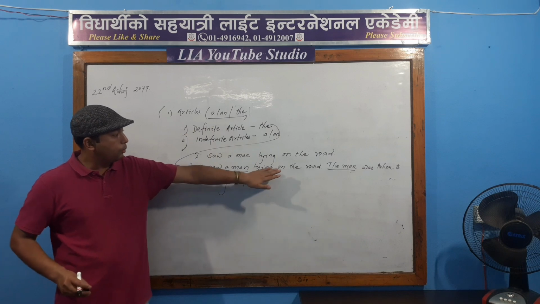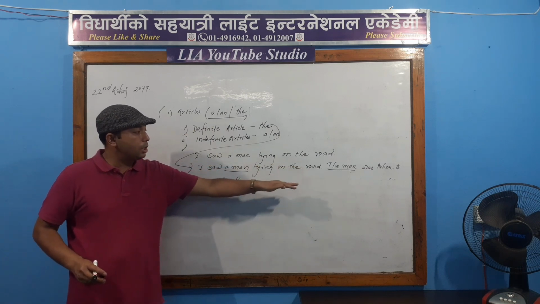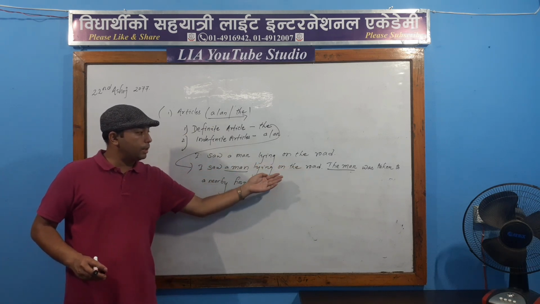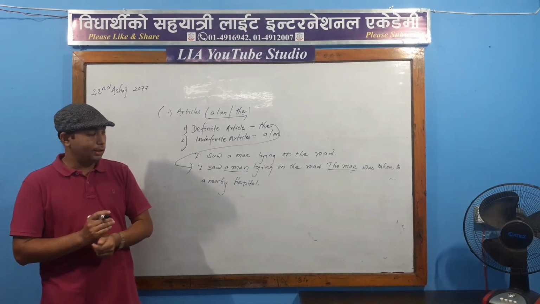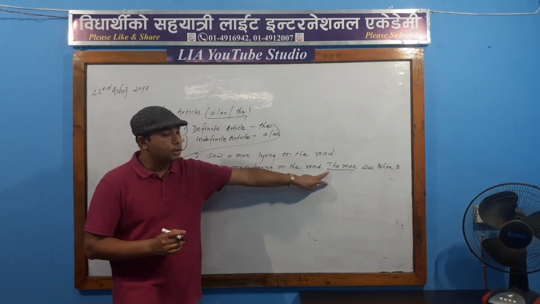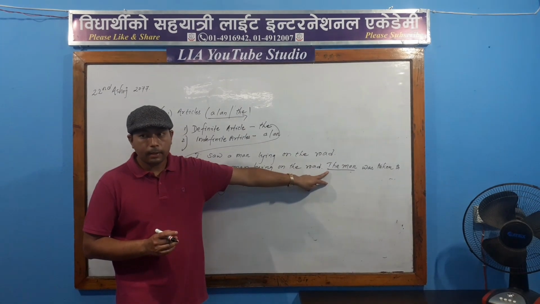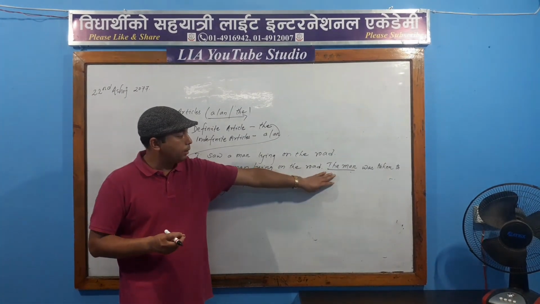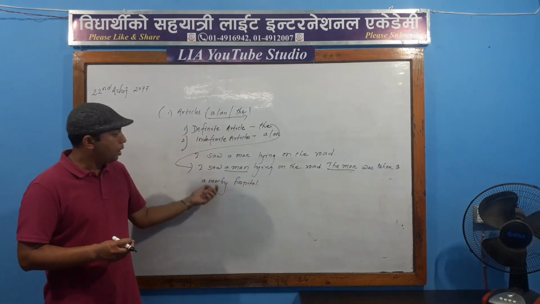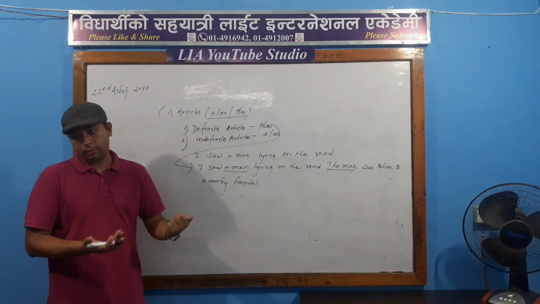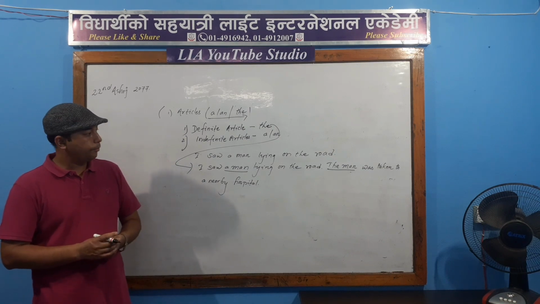So the difference between a and the is here. The is called definite, used to refer to a specific person or thing, whereas a may be whoever, it doesn't matter.